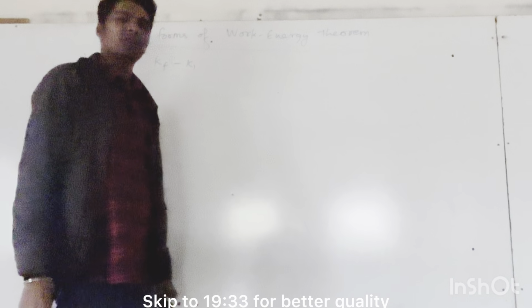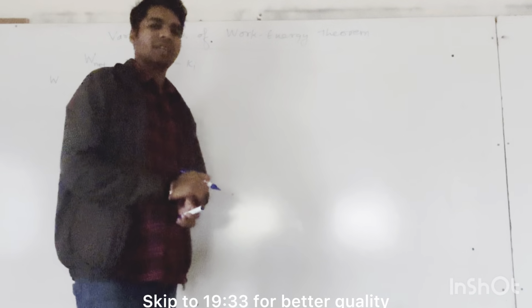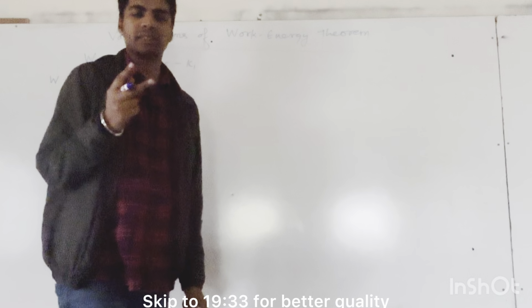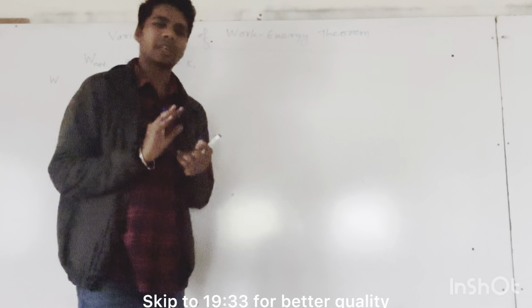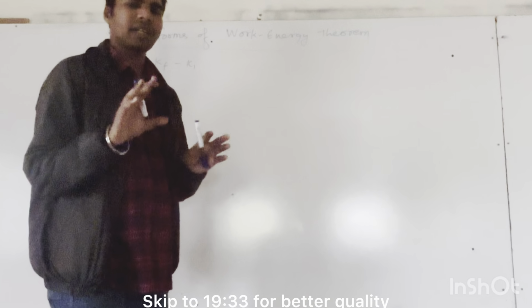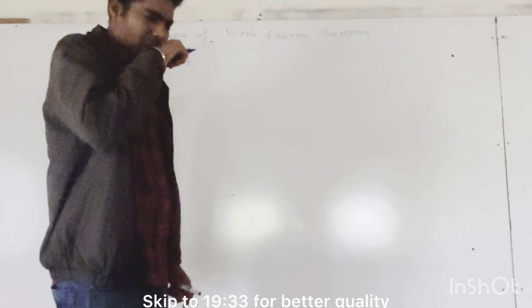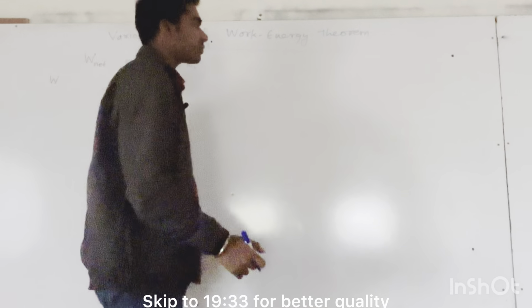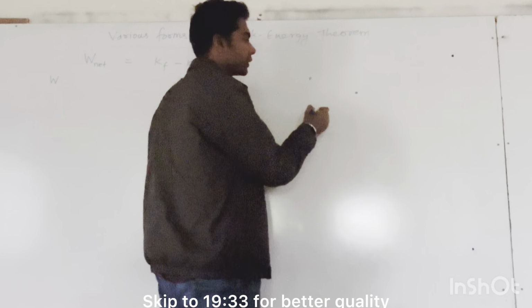in a system of particles. See, till now we have seen very rare cases of system of two particles, right? See, a wedge and a block. Usually we have seen single particle systems, but we are talking in general terms. Let's say in a system there are more than two particles.